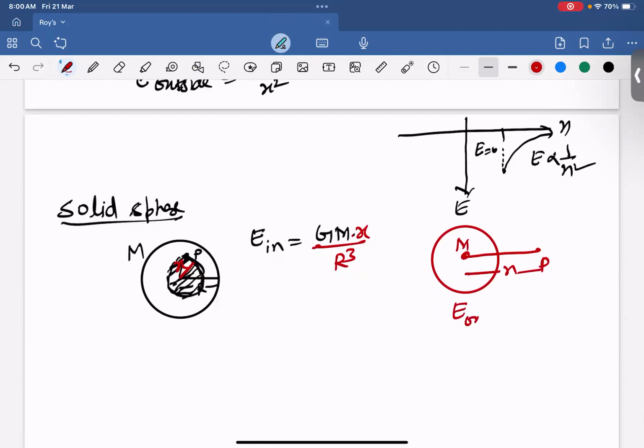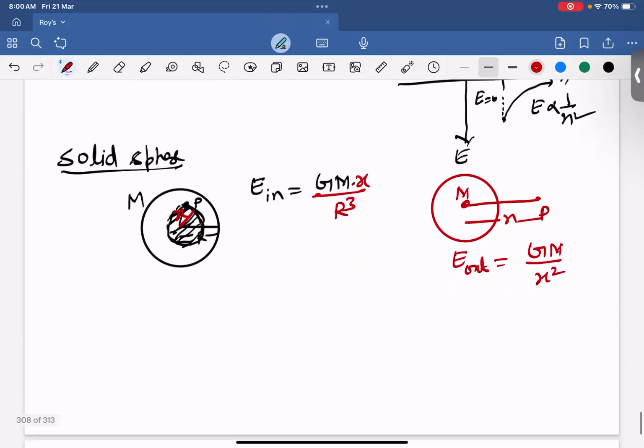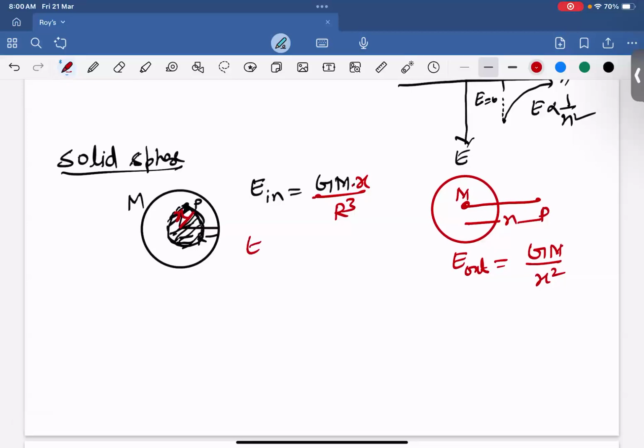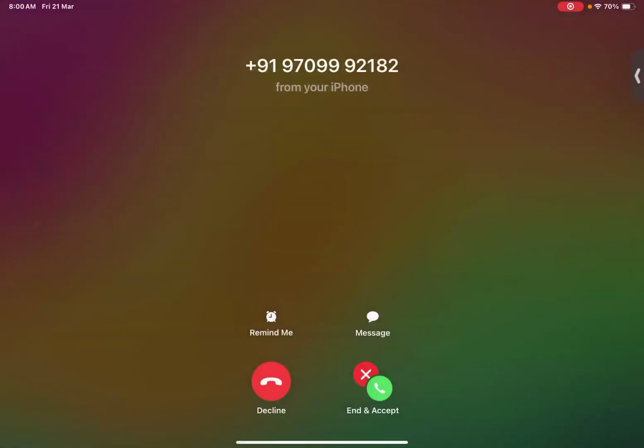So any outside point will be simply GM by X square. What you can see here is that E inside is proportional to the distance X, whereas E outside is inversely proportional to X square.